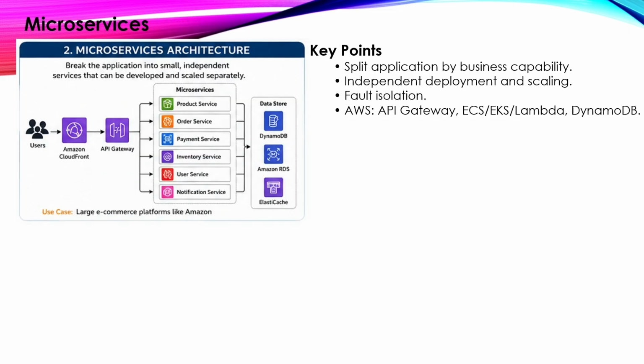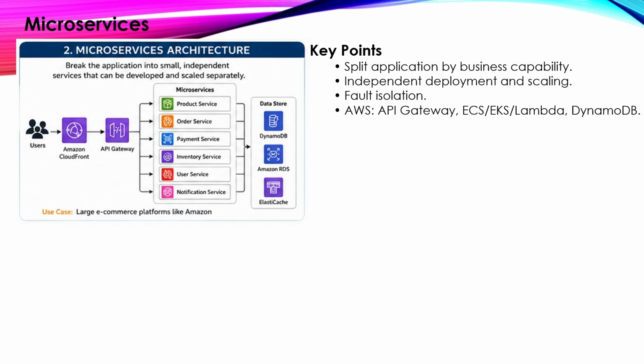The second one, most popular nowadays, is the microservice architecture pattern. Now you have found your product and click Buy Now on Amazon. Does one massive application handle everything? Not at all.